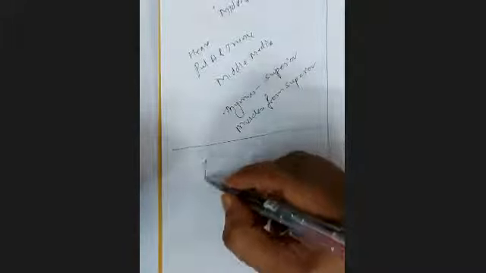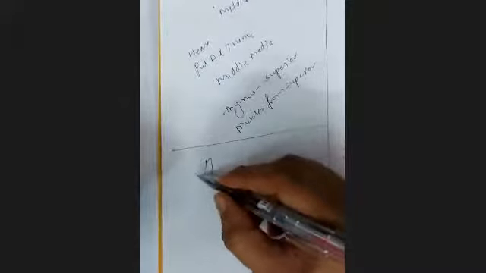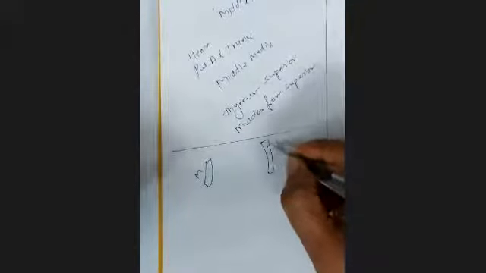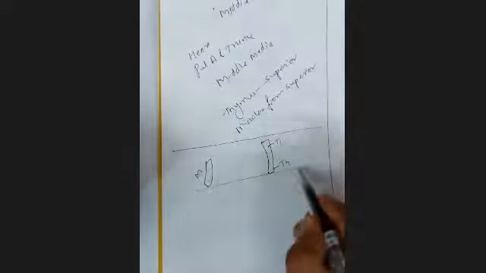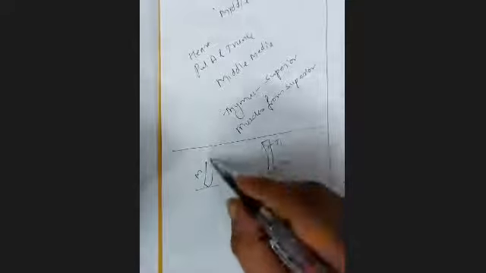The superior mediastinum will be bounded anteriorly by the manubrium, not by the sternum, by the manubrium. Posteriorly will be T1 to T4. And then there will be the superior inlet over here. So what will be the contents?